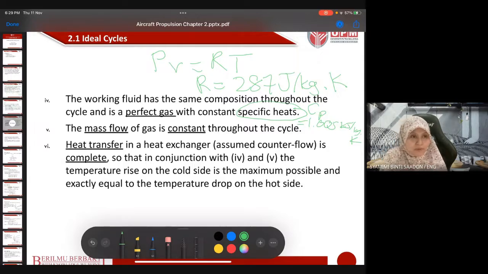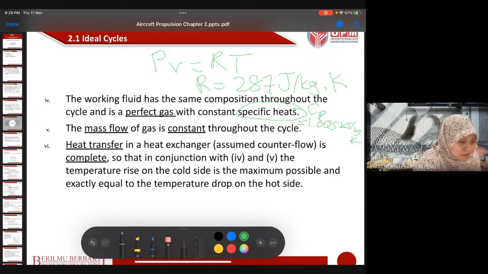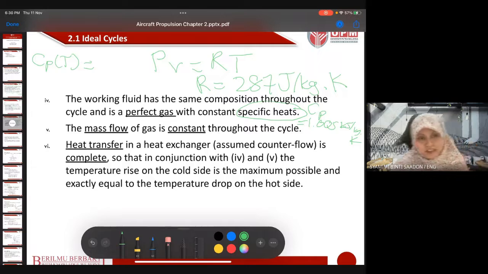Sometimes if you see other equations, something like CP as a function of temperature T, there are different correlations, different equations for CP, which vary depending on the temperature. So in the real situation, specific heat varies with temperature. But for the ideal case, we assume it has a constant value, so we can just take the value given. For example, here for air it is 1.005.